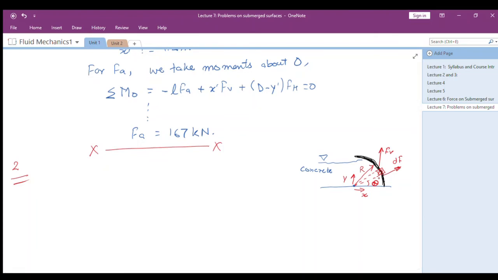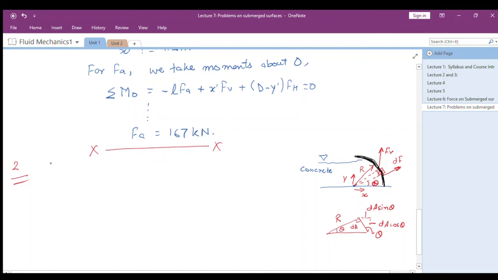Let's magnify it, and I can magnify it in this way. Radius r, angle theta. Let's say this overall area is dA. Okay, then I can say that this would also be equal to theta, and this portion would be called dA sine theta, and I can say this one projection as dA cos theta. I can do that. Okay.